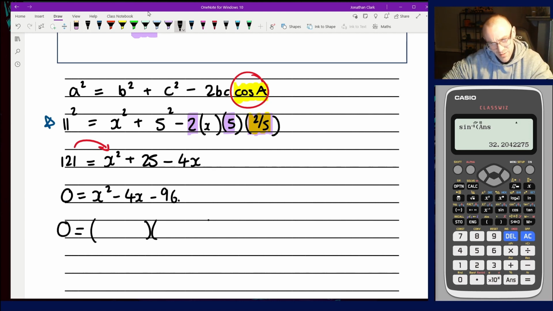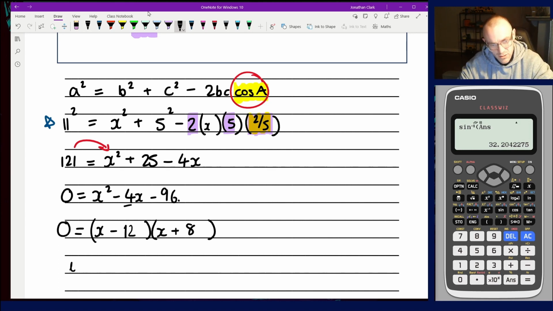And since the numbers are so nice, I'm going to attempt to factorize. 96 does have quite a lot of factors, so I need to find some that are 4 apart. I know that because this is a minus, I'm going to have a plus and a minus in the brackets. And the combination I think that you guys will need is a 12 and an 8.